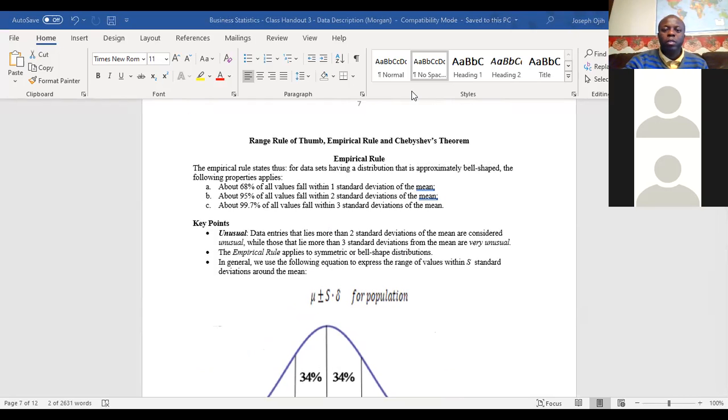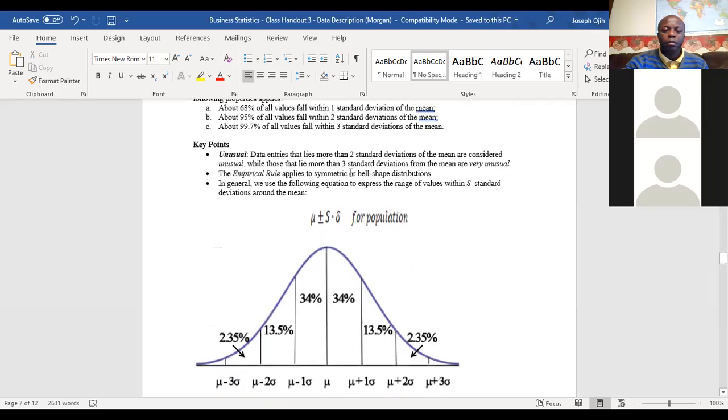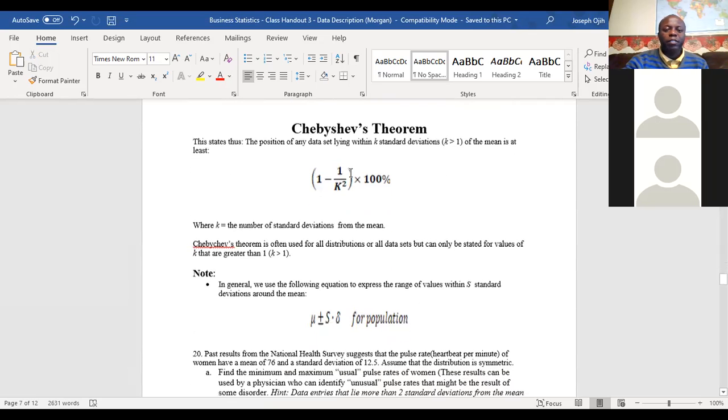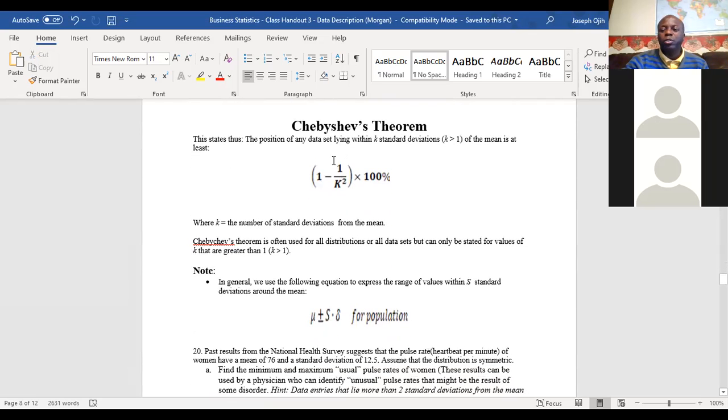So the question must mention that it is bell-shaped or normal before you can use the empirical rule. But Chebyshev, we use it for any distribution. If the question does not say that the data set is symmetric or normal, then you're going to use the Chebyshev theorem.